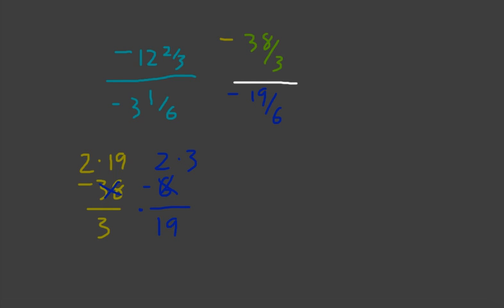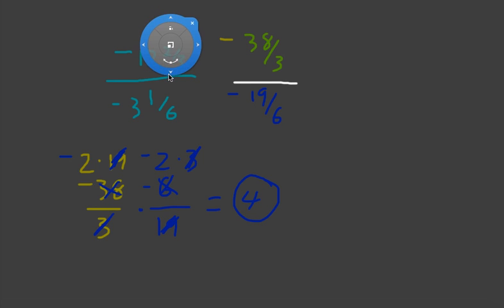What we have then is the ability to cancel out the 3's, the 19's as well, both of those. Now all we have left is a -2 and a -2. Well, -2 times -2 equals 4. So that right there is the answer. Okay? So that was 2D.